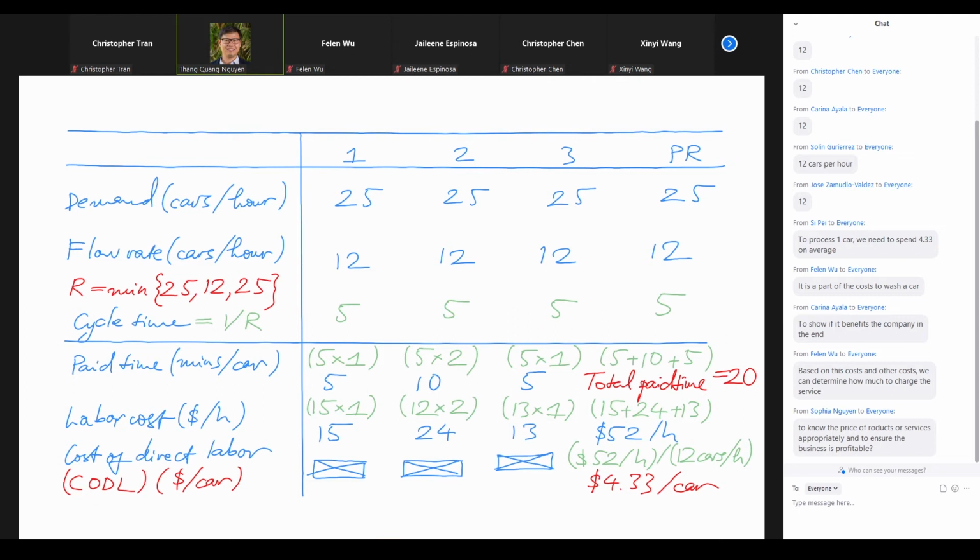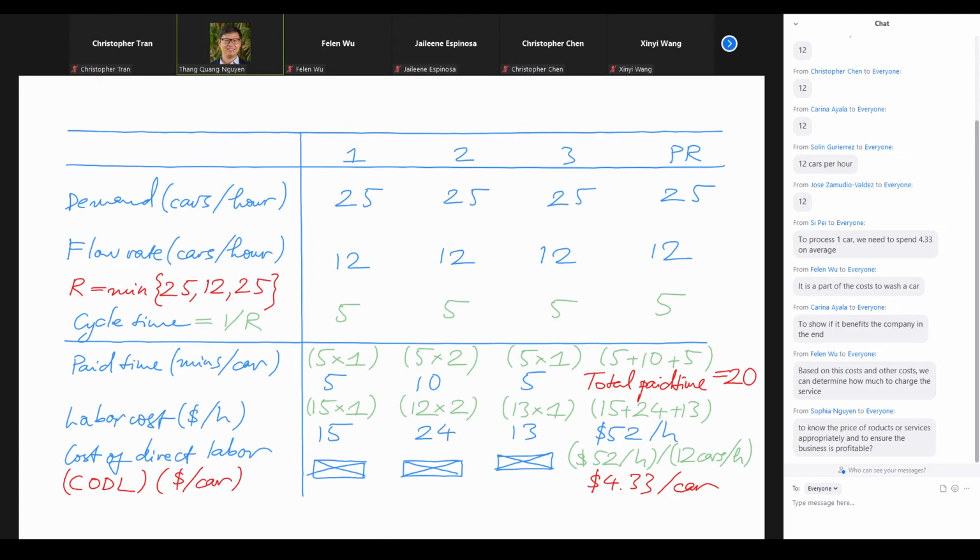But please keep one thing in mind. The charge per wash does not only depend on what we have internally in our process. We also have to look around at our competitors, right? Because if we charge too much per car, then the customer will go to other facilities and will not come to us.